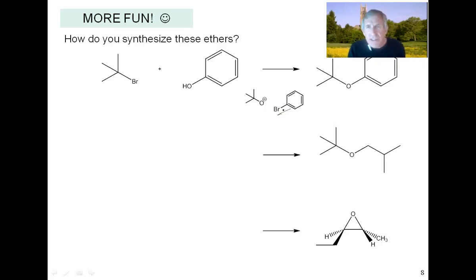Have we ever seen a nucleophilic substitution on a benzene ring? Never. Okay? So, no nucleophilic substitution on benzene. So this is not good. I have to approach this ether synthesis from the other side. Okay? Ooh, look at this second one. I have a tertiary and a secondary, and a primary.